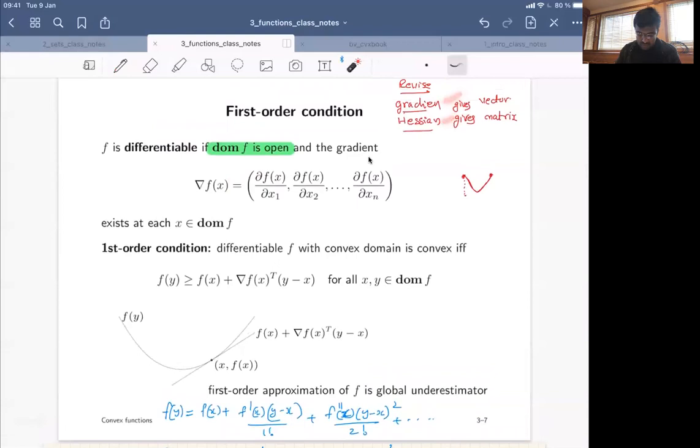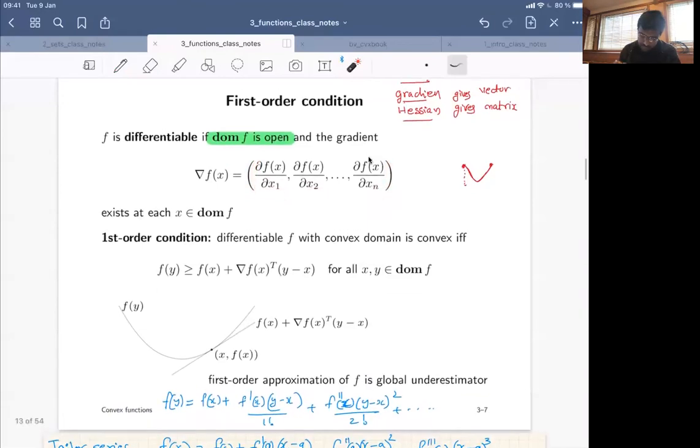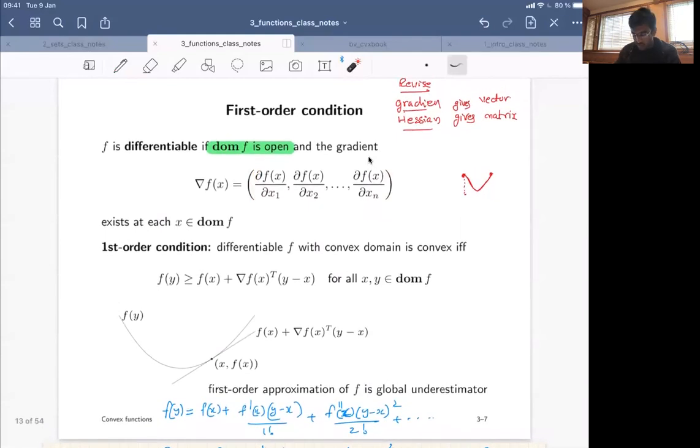You have to revise that. Basically, you just take the function and take the partial derivative with respect to the first component of the vector, x1, second, like that up to the n-th component. So you will get a vector, right? And this gradient has to exist at each point.